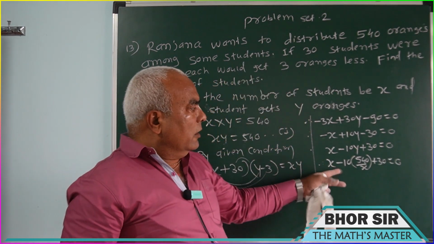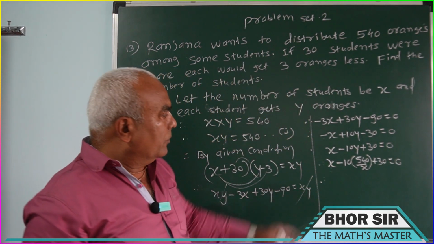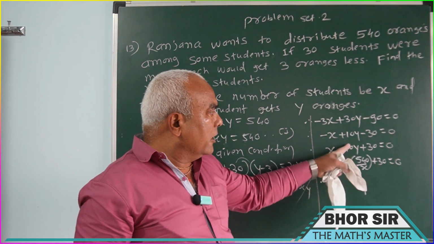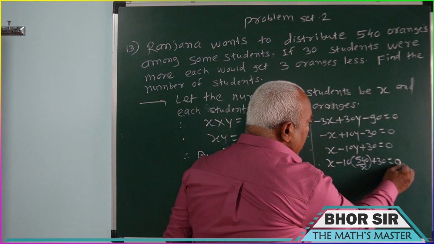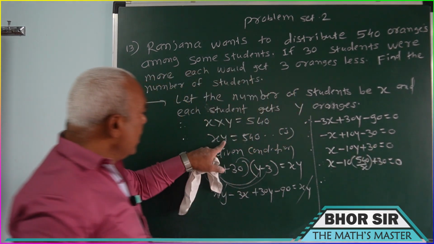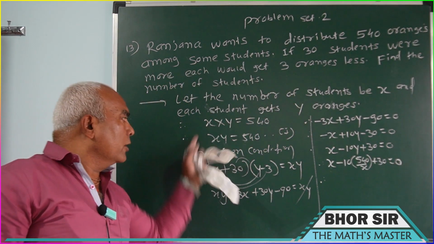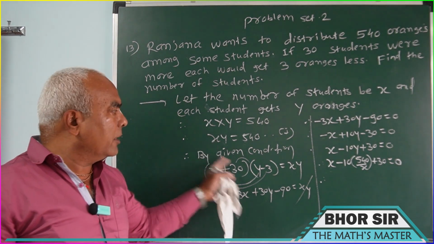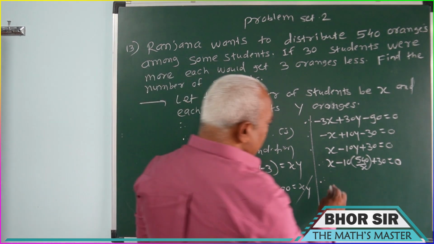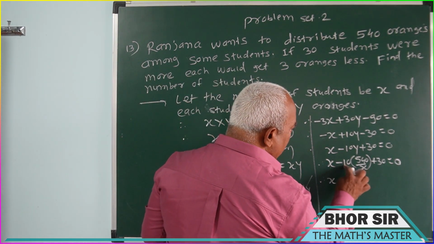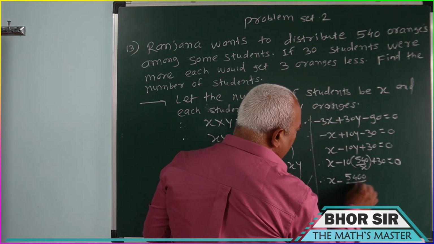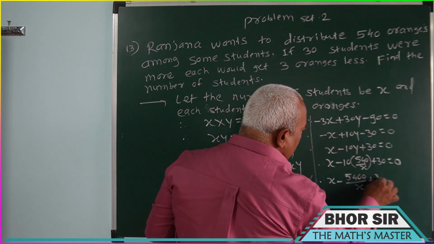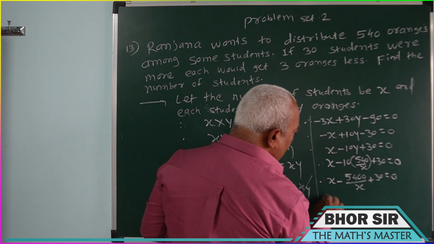See this step very carefully. Only difference is that I have removed y, and y means 540 upon x. So x minus 10 times 540 upon x plus 30 is equal to 0, that is x minus 5400 upon x plus 30 equals 0.